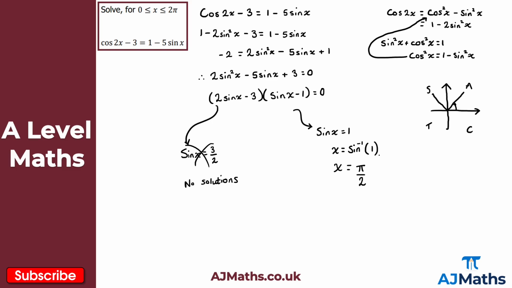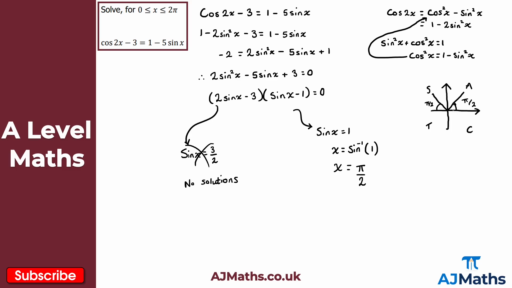Now, you might notice straight away, the angle that we obtained here for x equals pi over 2. If I say this is pi over 2 here, which it clearly isn't because pi over 2 is 90 degrees, the angle there, clearly not 90 degrees. But if we say it's pi over 2 there, so pi over 2 radians, then my next solution comes from pi, because that's 180 degrees, minus this angle here, which is also pi over 2. And pi minus pi over 2 would just give us pi over 2.